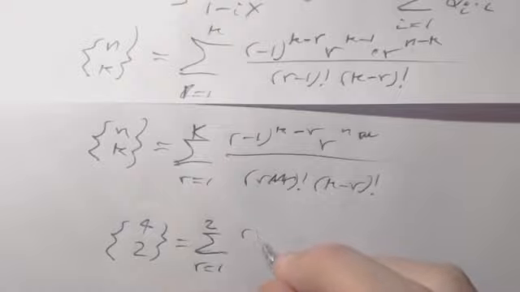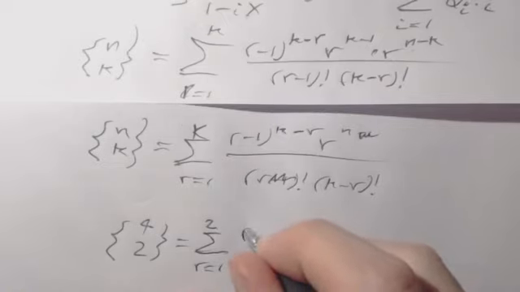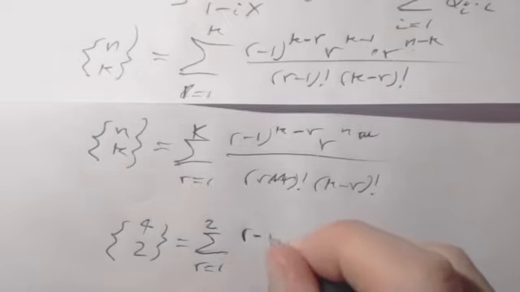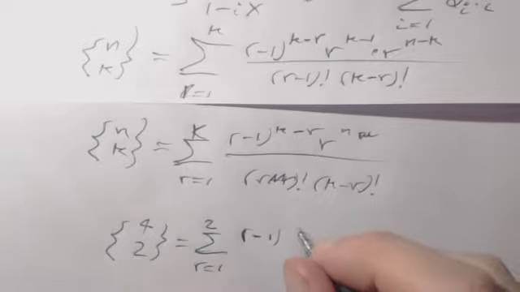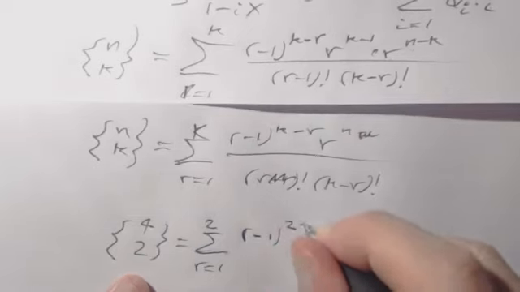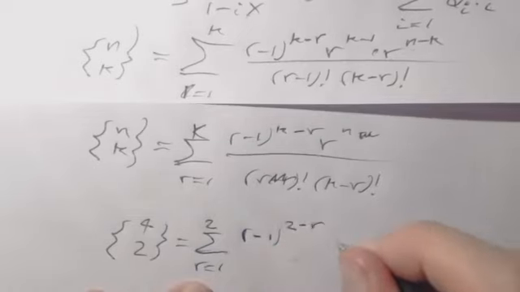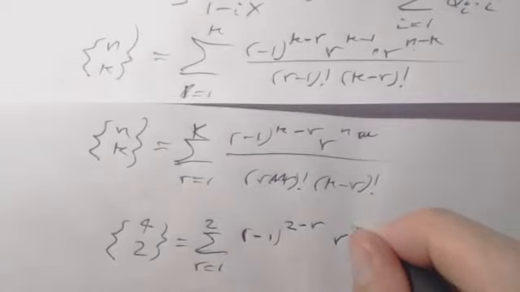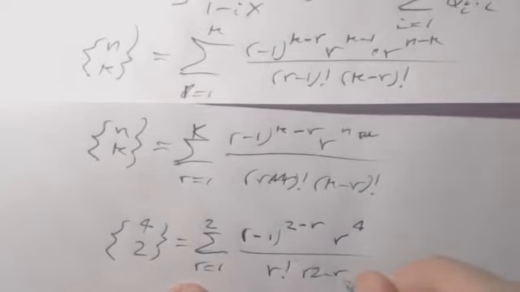So what do we have? You're going to have minus 1 to the k minus r, well, k is 2, so 2 minus r, r to the n, n was 4, so r to the 4, divided by r factorial, and k is 2, so 2 minus r factorial. So this is just the sum of two individual things.